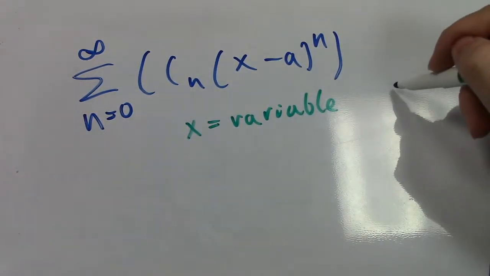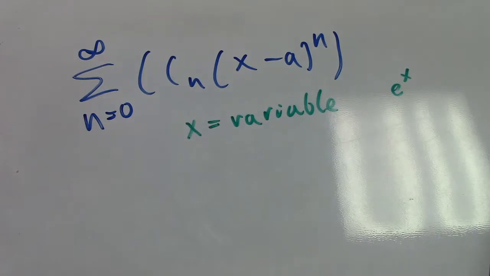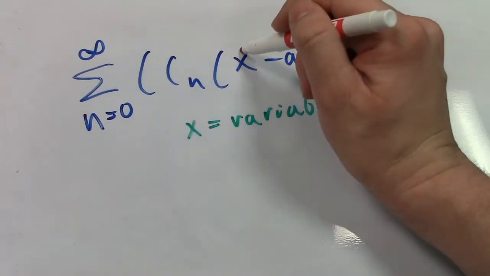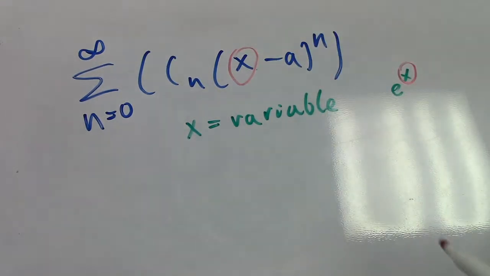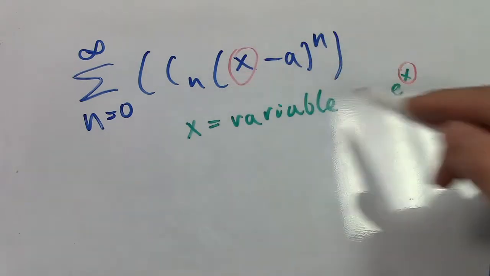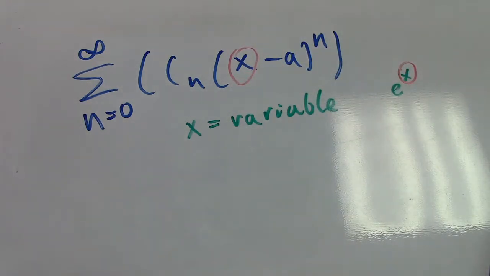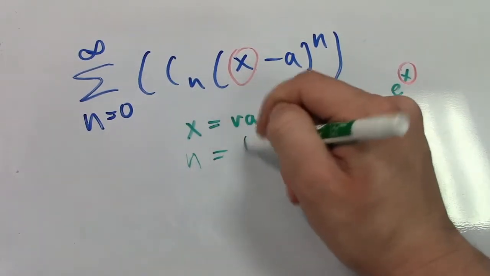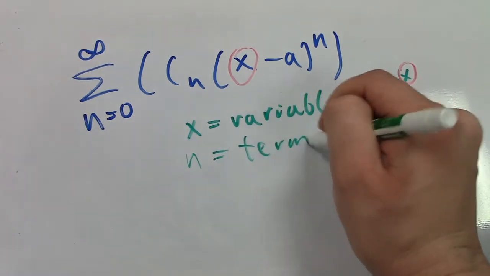So, for example, if we have the function e to the x, which actually has relations to power series, the x here is the same as this x here. So this x in the power series, when you work it all out, becomes this x. So it's the variable.